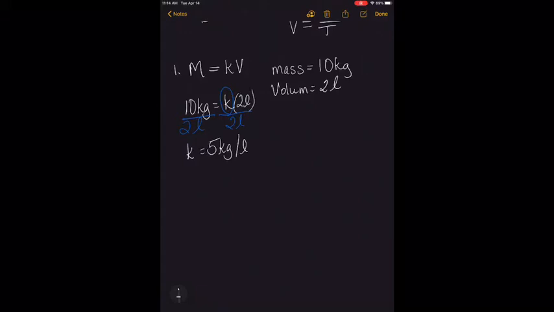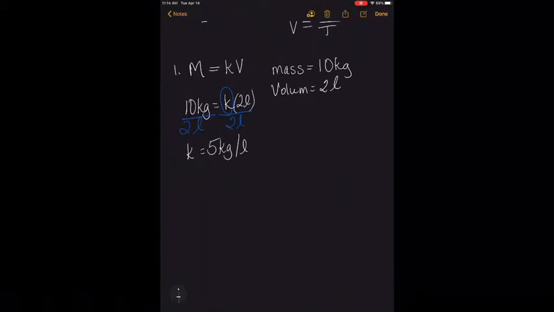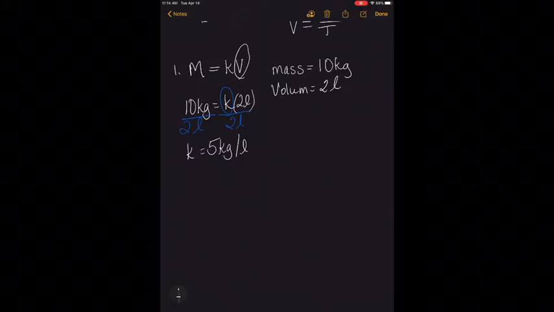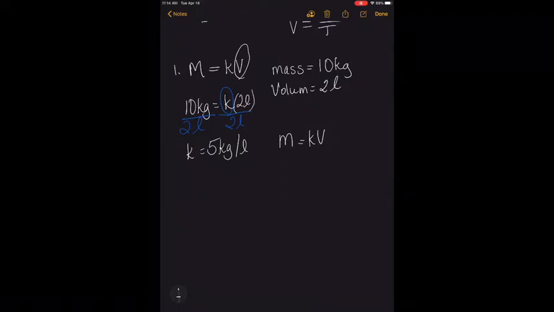So now that we have K, we can figure out the volume of 35 kilograms. If we're looking for volume, we could rearrange our formula.